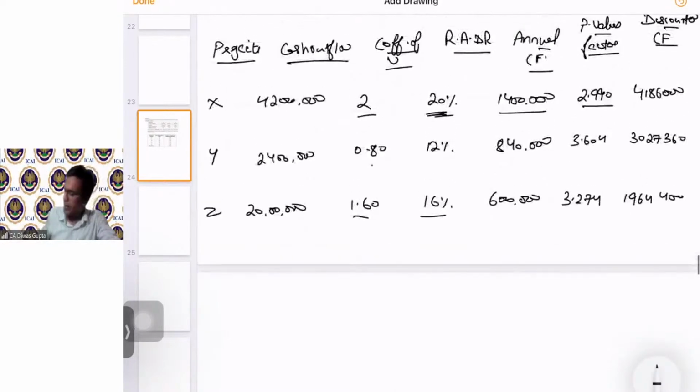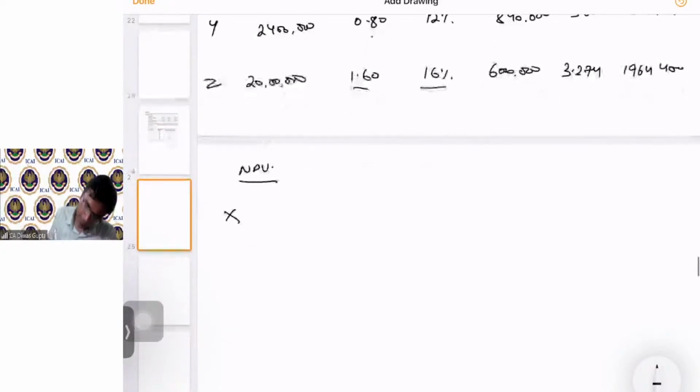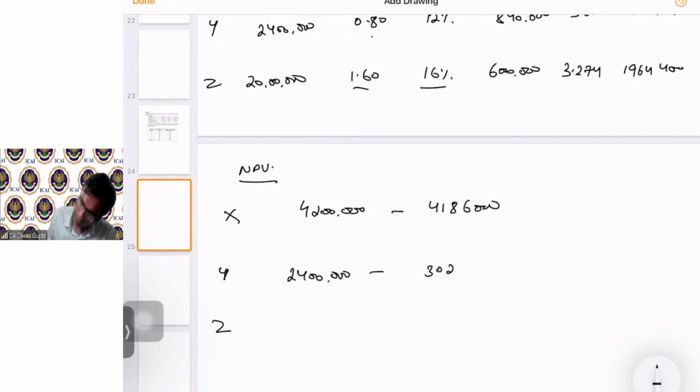So these are the discounted cash flows. In the next sheet, we can calculate the respective NPVs. So the NPV of X, Y, and Z will be 42 lakh rupees minus 41,86,000, 24 lakh rupees minus 30 lakh 27,360, and 20 lakh rupees minus 19,64,400.